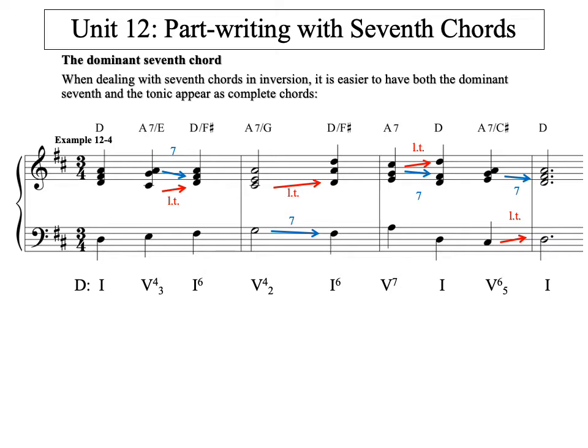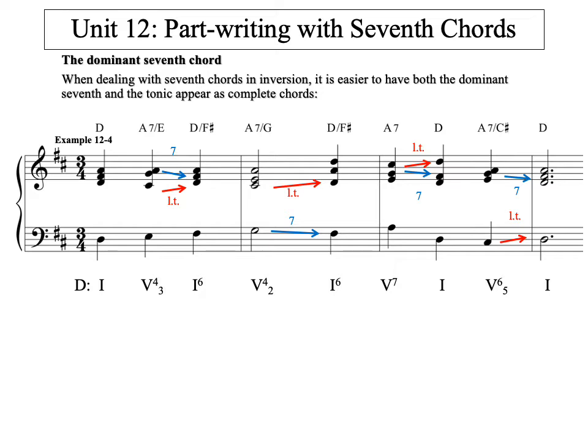Everything there works perfectly fine and dandy. And it works fine and dandy to large part because that thing about 7ths of chords resolving down by step is being honored. That's a very, very important part writing thing to watch for.